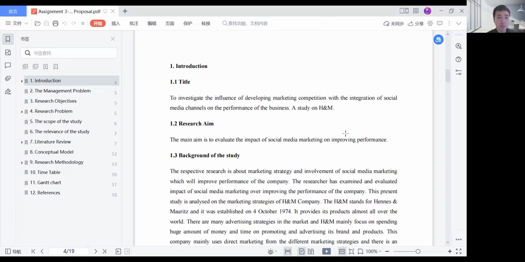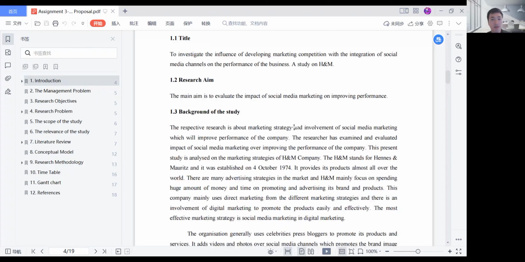Title: To investigate the influences of developing marketing competition with the integration of social media trends on the performance of the business. A study on H&M. The main aim is to evaluate the impact of social media marketing on improving performance.